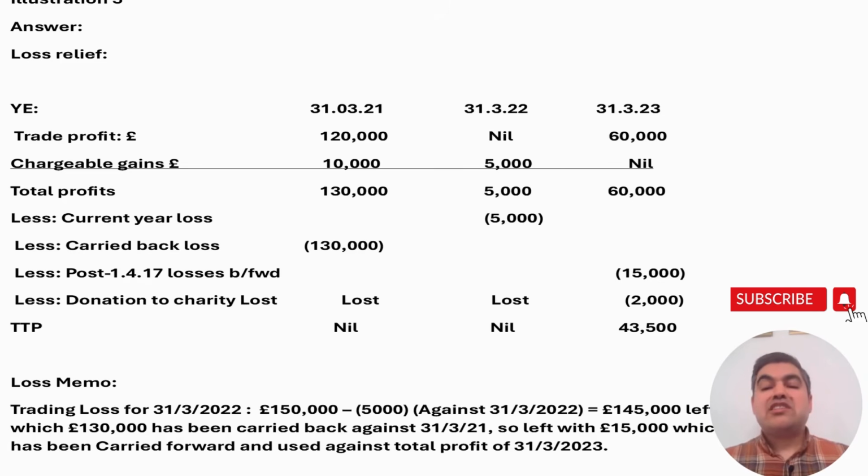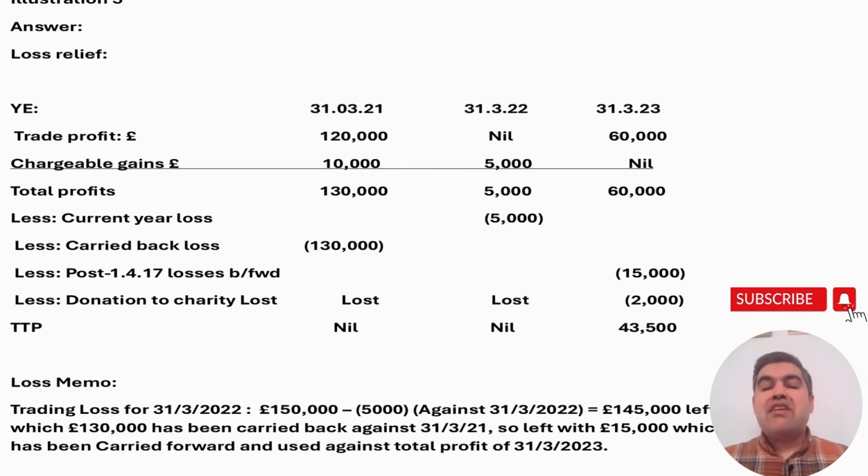So we had a total trading loss of 150,000. 5,000 has been used in the same accounting period. Then we carry back 130,000 worth of losses and set against the total taxable profit of the previous accounting period, which is 130,000.